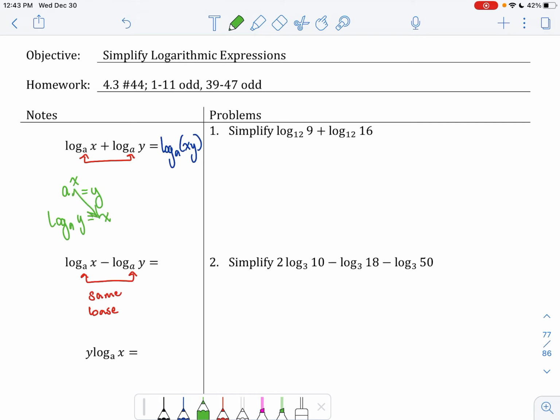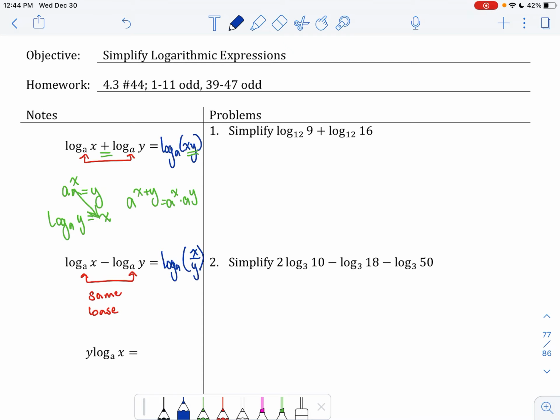So the x is the exponent is the log. And so if I have a to the x plus y as an exponent, that means that it started as a multiplication problem, which is why we're allowed to multiply inside of the log if we start with addition outside. Similarly, log x minus log y becomes x divided by y.